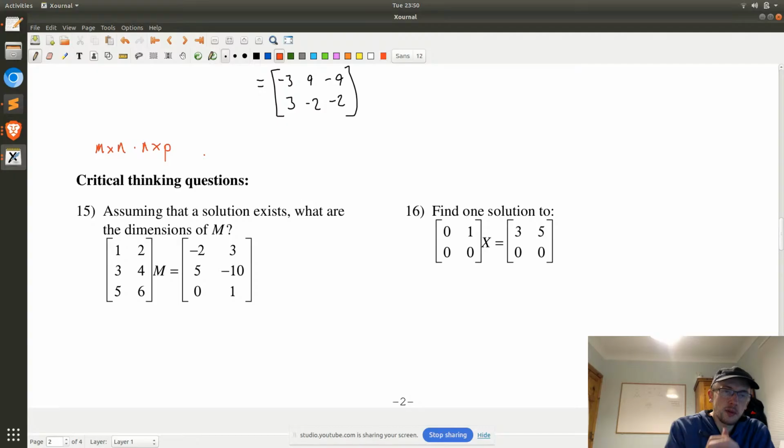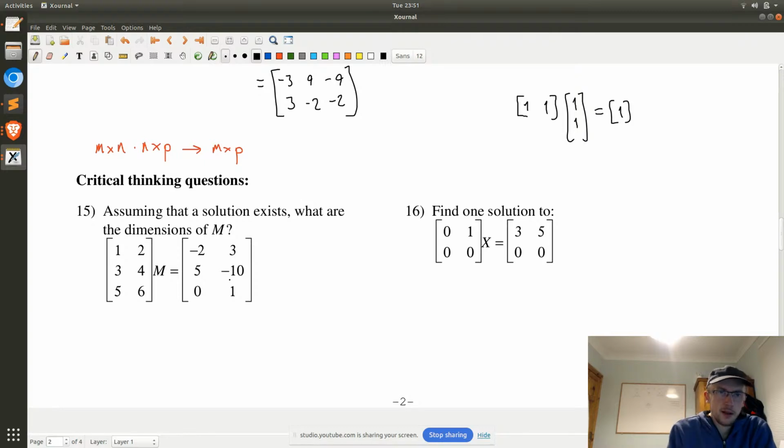And what it results in is an M by P matrix. You can always quickly check things with tiny creations. Do a 1 by 2 matrix, and then multiply by a 2 by 1 matrix, and we do indeed get a 1 by 1. So yeah, it's right.